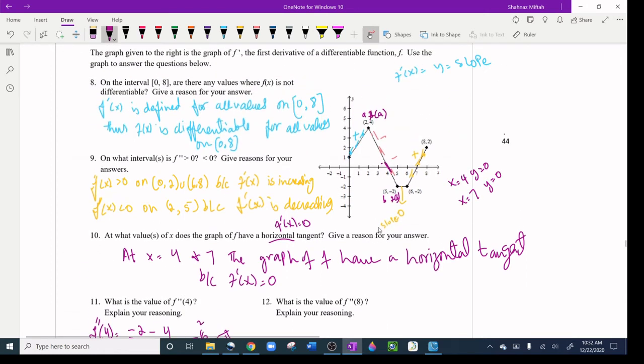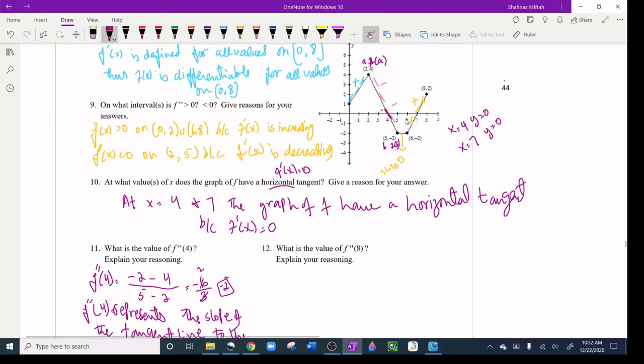Since this was the first derivative, I have to draw tangent lines, and a tangent line was exactly parallel to the linear graph that we have. So for 4, I drew a tangent and it was parallel to this one. So I just picked these 2 points because it's going to be exactly the same slope.